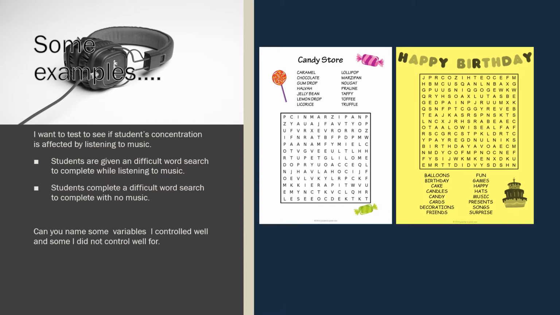Students are given a difficult word search to complete while listening to music, and in the second test, students are given a difficult word search to complete not listening to any music. Can you think of some variables, just in this example, that I have controlled well for and some that I didn't control well for? I'll give you a bit of time, so hit pause and have a think about it.